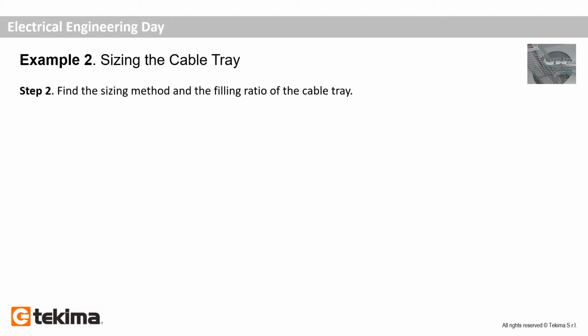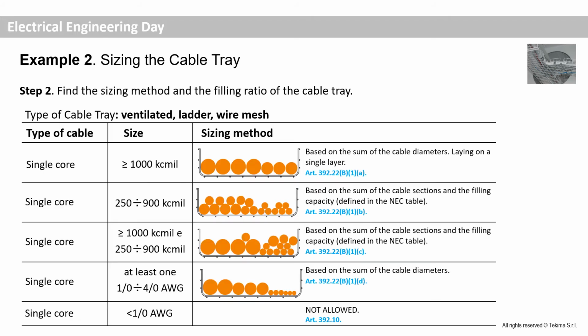The rules that we have to follow are contained in Article 392 of the National Electrical Code NFPA 70. The National Electrical Code defines different methods of calculation depending on the type of cables contained, the size of the cable, and the type of cable tray selected.